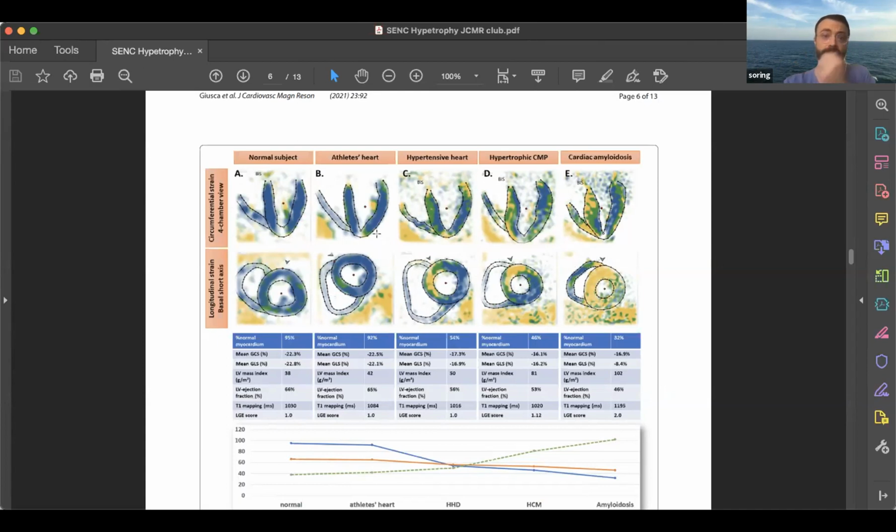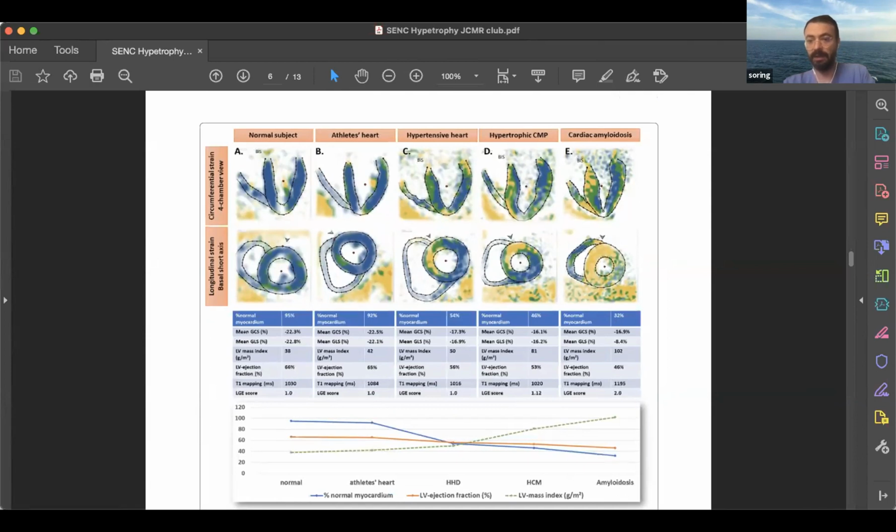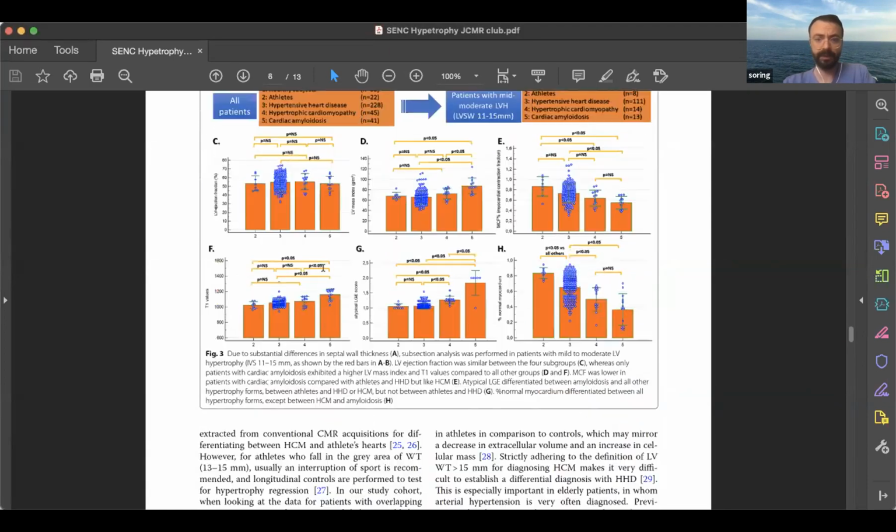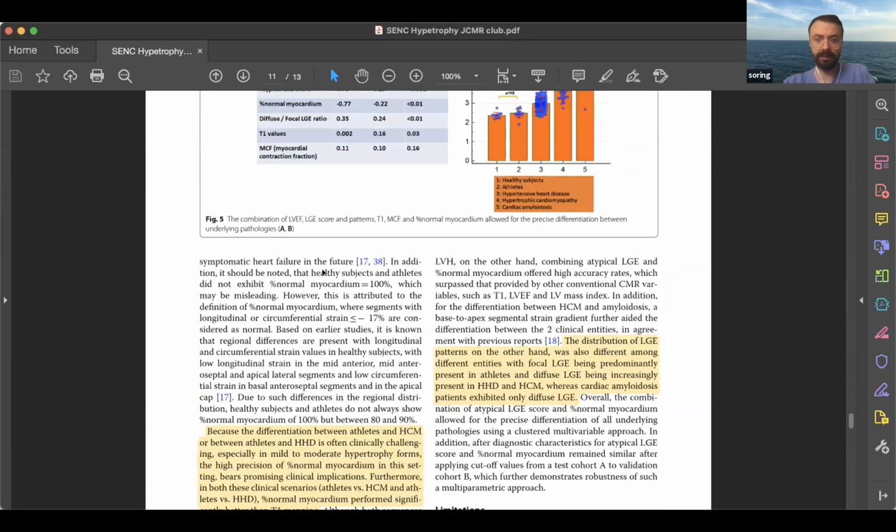And you see that the ejection fraction still is normal in hypertensive heart disease, but these patients exhibit already a reduced strain value, which is further reduced in patients with hypertrophic cardiomyopathy, with the lowest values to be seen in patients with cardiac amyloidosis.